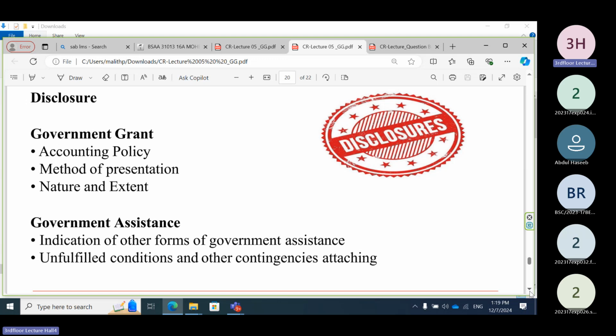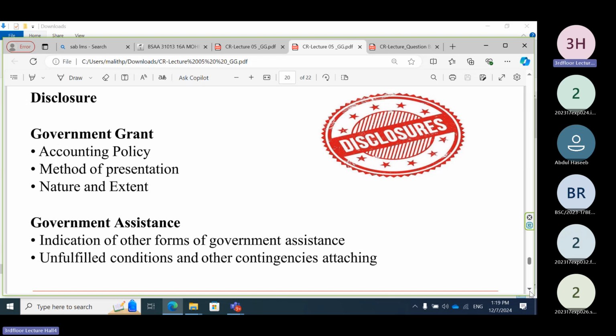And then assistance. For assistance, you are not going to mention the double entries and the model of recognition. You just want to mention the indication of other forms of government assistance, fulfilled conditions and other contingencies attached. Any contingencies, any related commitments, you need to mention that in the books to be eligible for assistance or grant. The same thing needs to be mentioned for the grant as well.